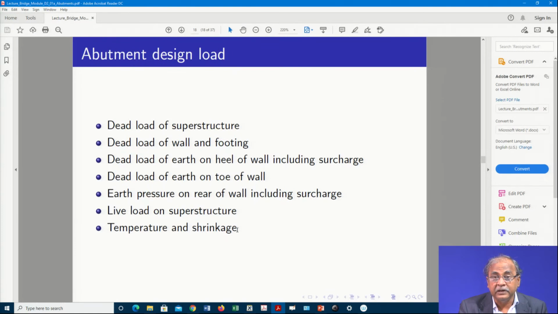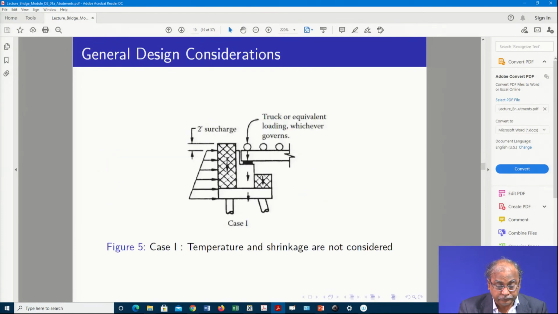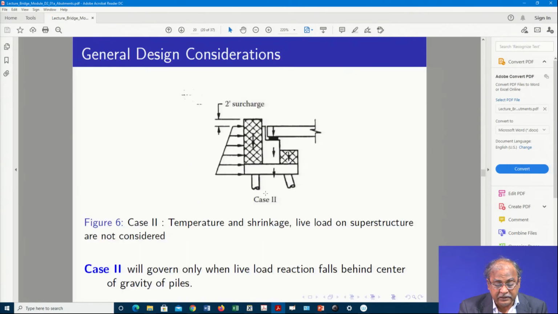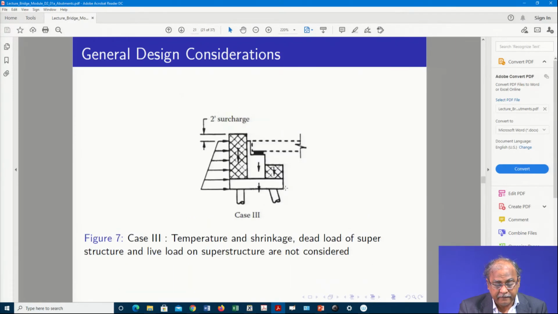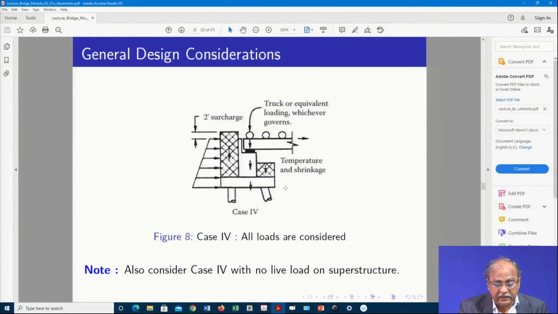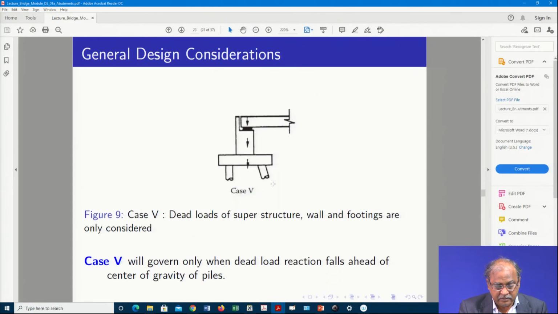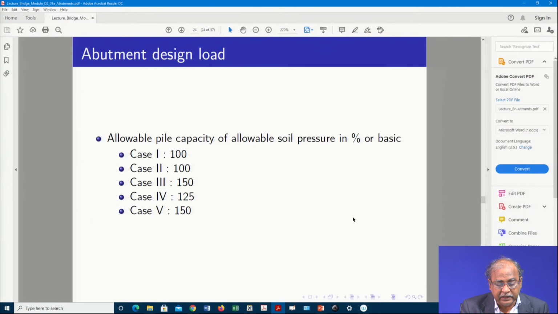These are the different design loads. This is one type of case, this is another type of case we can take, and this is the third case, where all loads are considered. So dead load of superstructure, wall and footings can be taken for different cases.